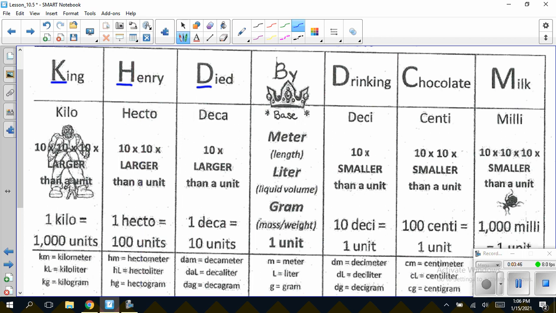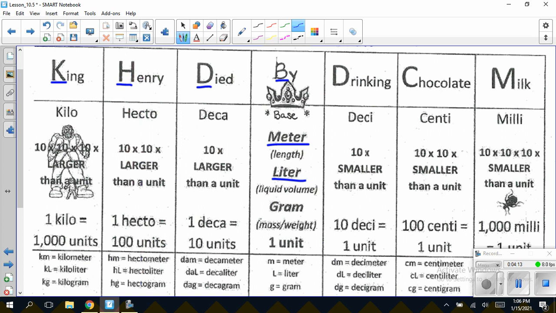The next word, by, that's just representing our base. Our base is our meters, which are in length. That is using your meter stick, anything to measure length. The liter, that is volume. So in the United States, the U.S. customary measurements, that's working with your capacity with the fluid ounces, cups, pints, quarts, and gallons.